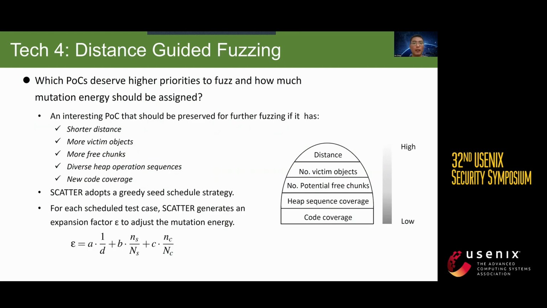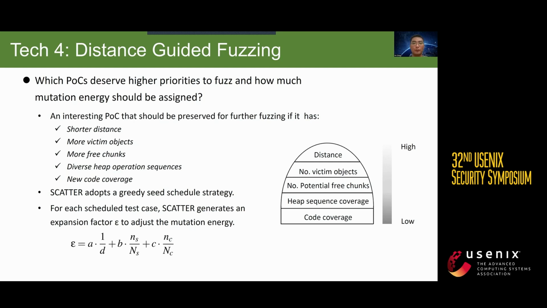The other problem is which epochs deserve higher priority to fuzz and how much mutation energy should be assigned. As shown in this figure, we propose a greedy, multiple-level scheduling strategy whose top choice is the seeds with shorter distance. If all the heap-related metrics are explored, then we use traditional code coverage as the last schedule metric.